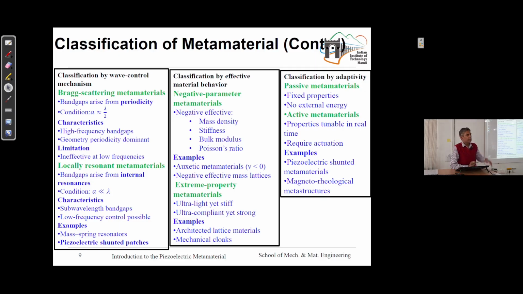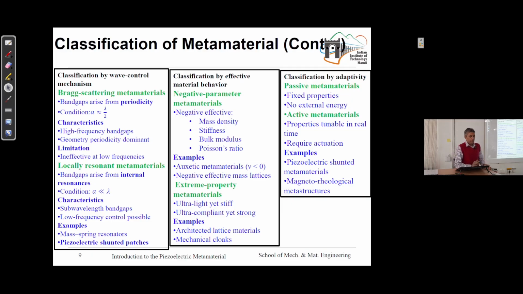It can be proved mathematically that if we have a structure with periodicity, we can control or stop the waves. Of course, it is for some range of frequency, but that frequency range can be stopped. We will discuss how this can be done.